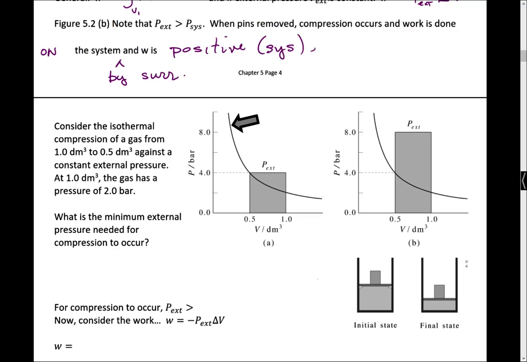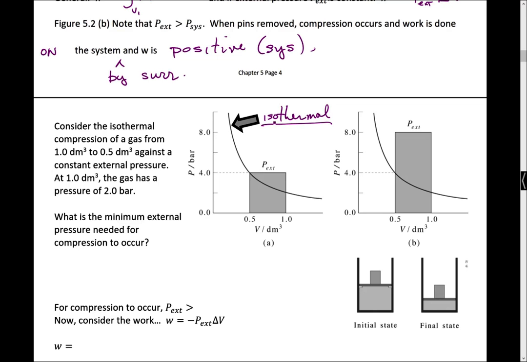So what we're going to start with is we're going to be talking about compression and expansion of a gas under isothermal conditions. All right, so isothermal means my temperature is held constant, right? And this curve, you may recall, corresponds to the isothermal curve for an ideal gas, all right?